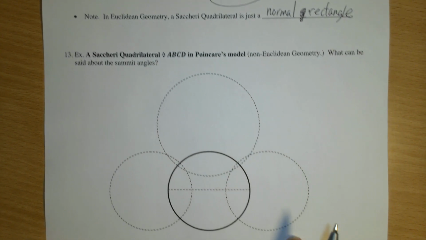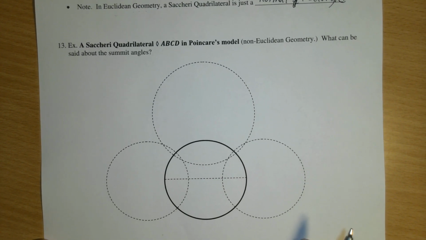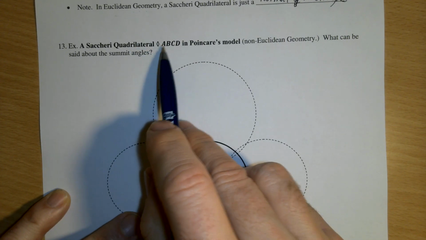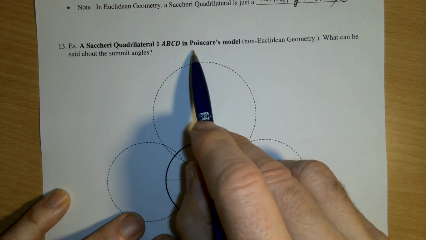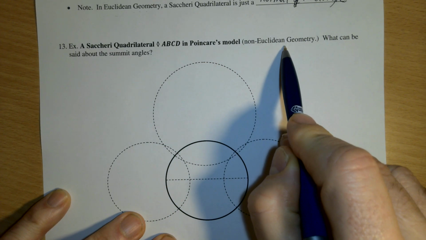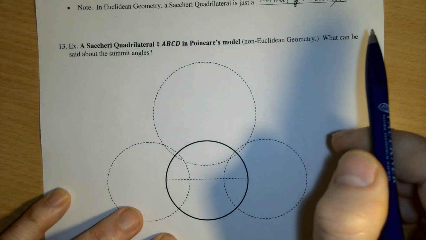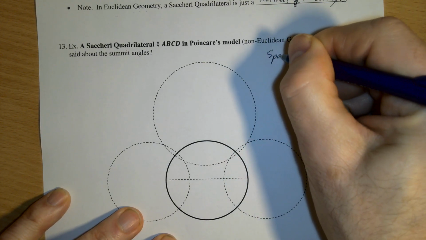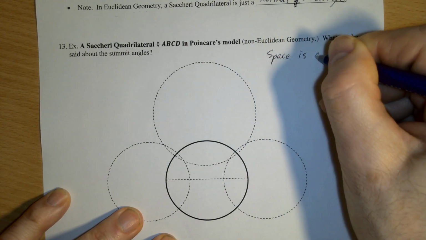Okay, now let's take a look at a more specific example of a Saccheri quadrilateral. We'll call it ABCD in Poincaré's model, which is non-Euclidean geometry. And I'm going to make one more comment about it. Space is a disk.